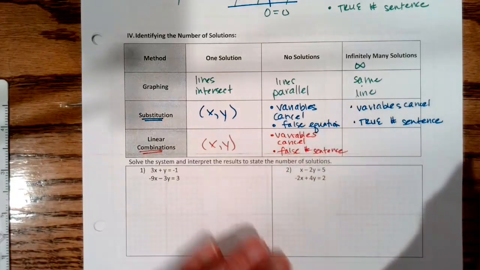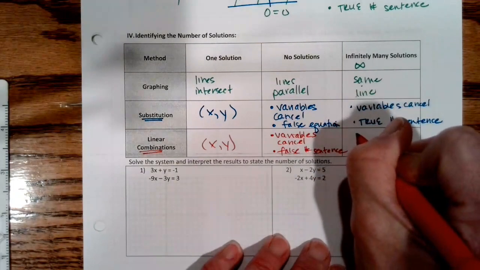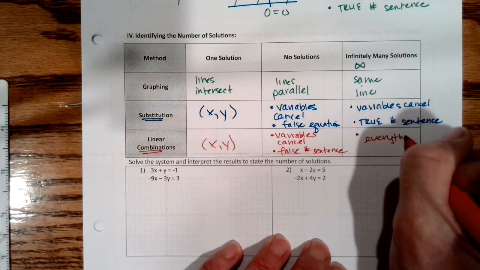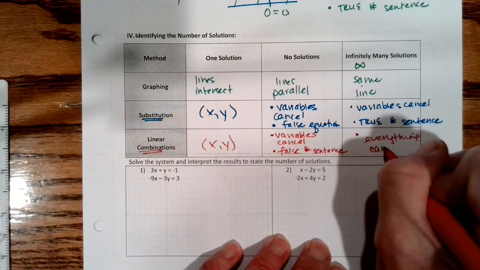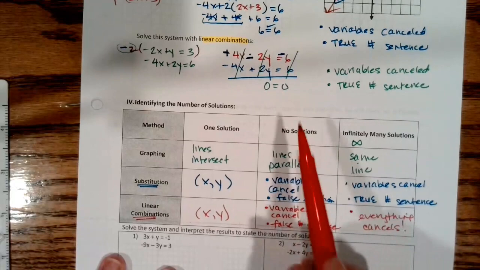Infinitely many solutions, everything cancels. And that's what we saw up here when I ended up with 0 is equal to 0.